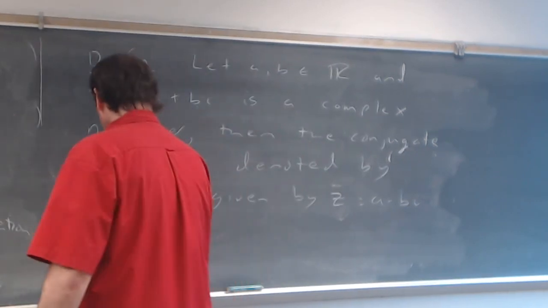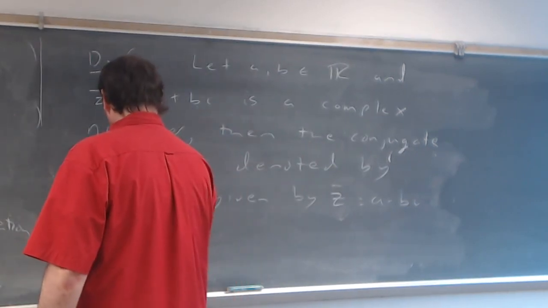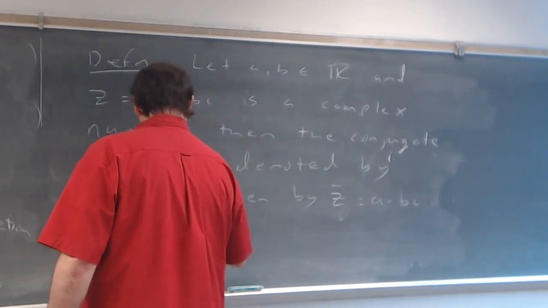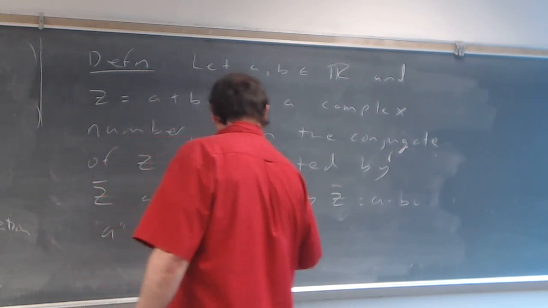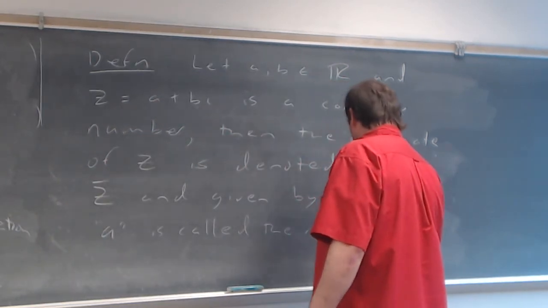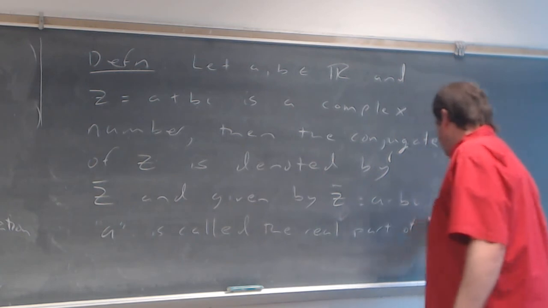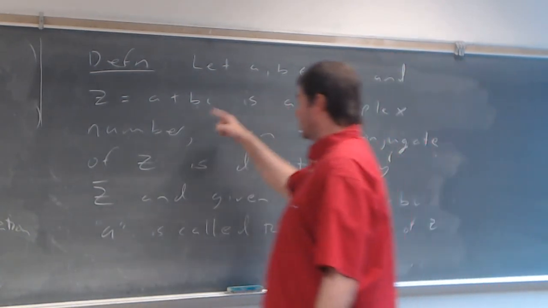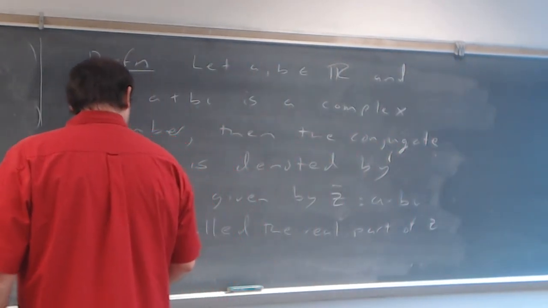A is called the real part of Z in the notation Z is equal to A plus BI.